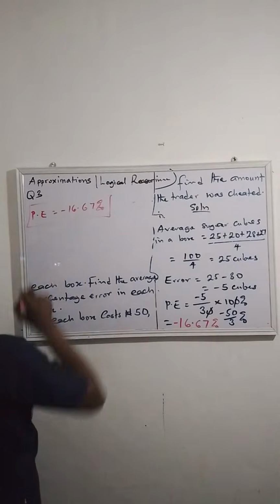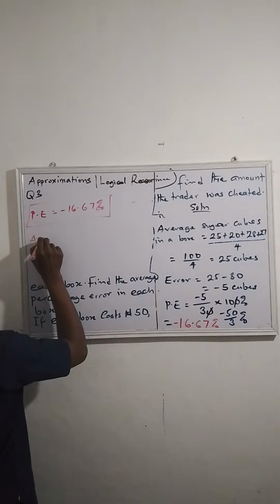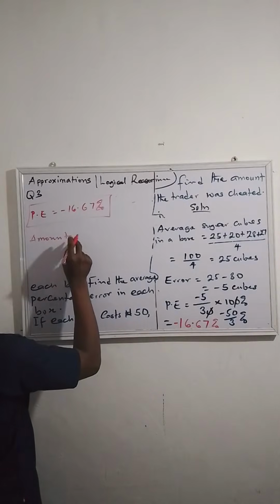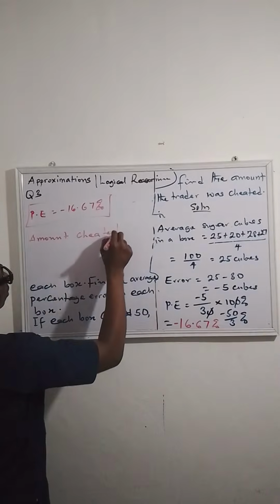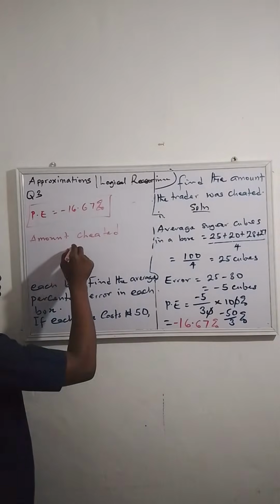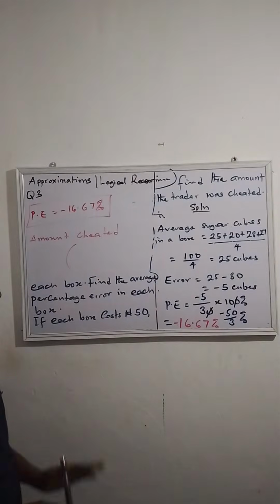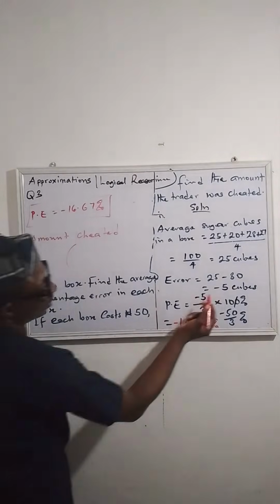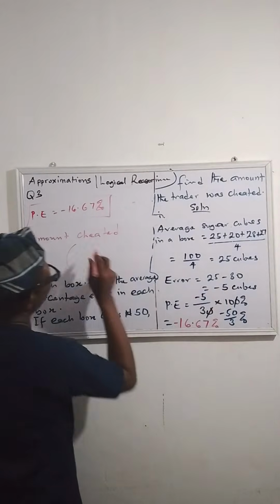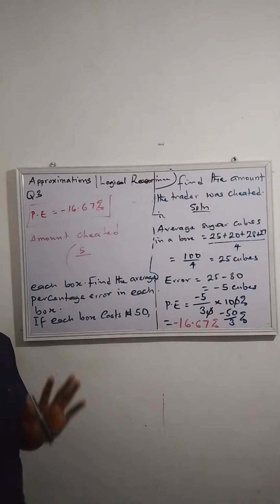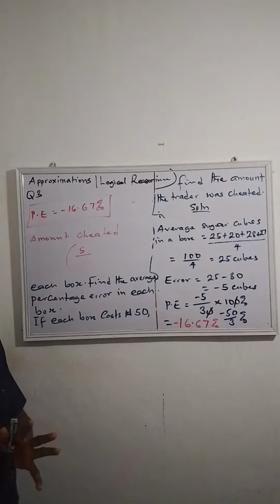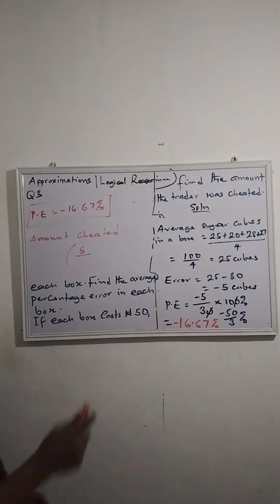Okay, so the amount cheated is going to be the fraction that is being cheated. Now what's the fraction? That is 5 over the total number of cubes that must be in a box. And how many is that? That's 30. So we have 30.